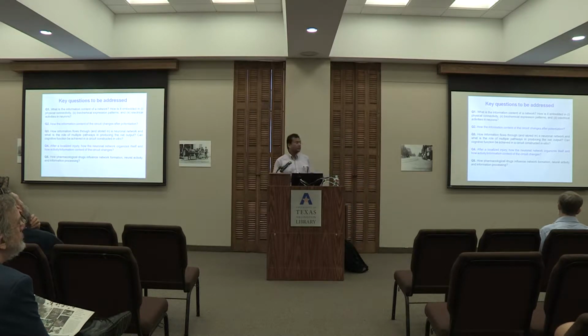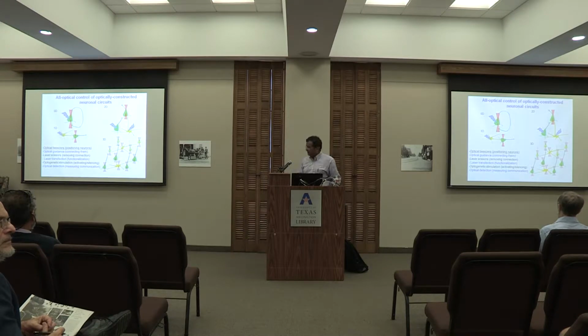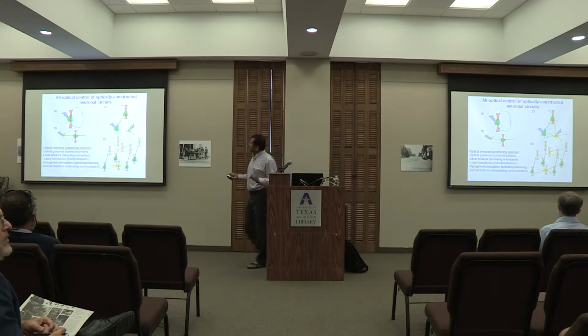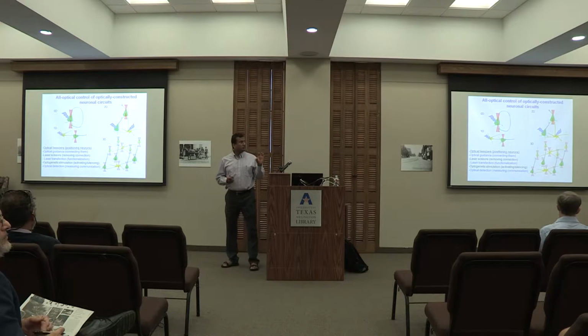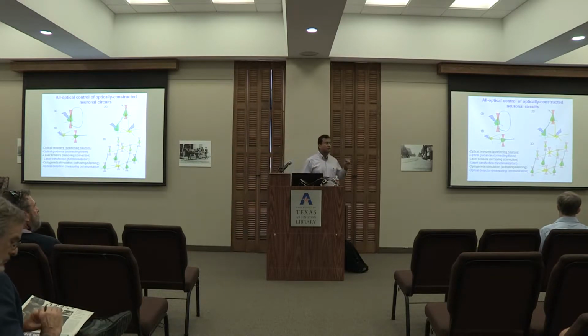Then you can have a plethora of analysis, for example, how drugs will change these things. Okay, so it can have a lot of biomedical applications, and also for developing, as I told you, computational tools. So our lab is now focused on all optically controlled or optically constructed neuronal circuits.